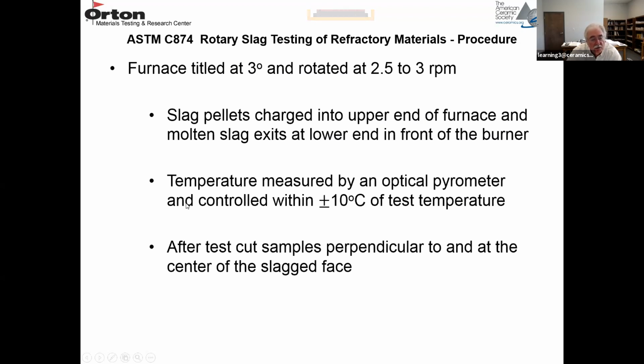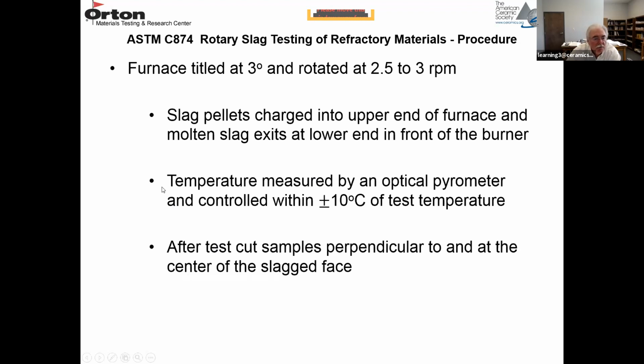And because you have a rotating furnace and you have slag that's moving, you don't get a really good measure of the test temperatures, but they're saying we'll measure it within plus or minus 10 degrees, which is probably about the best you can do. And after the test, you cut the samples perpendicular to and at the center of the slag face.